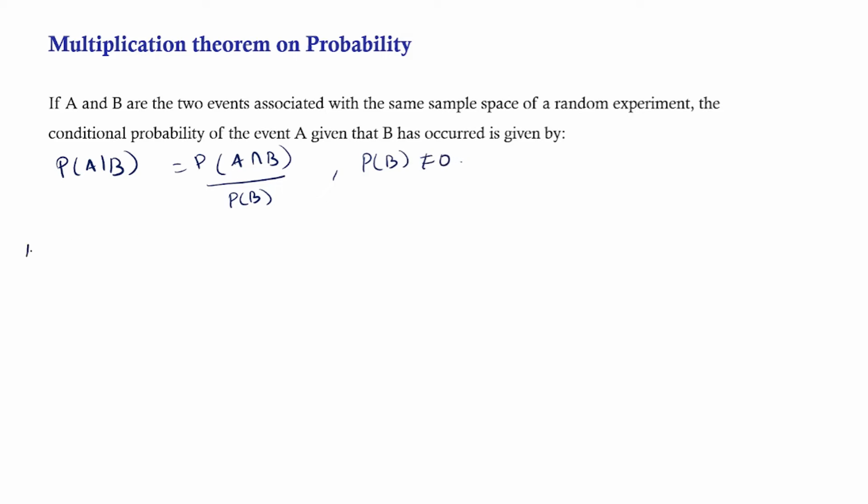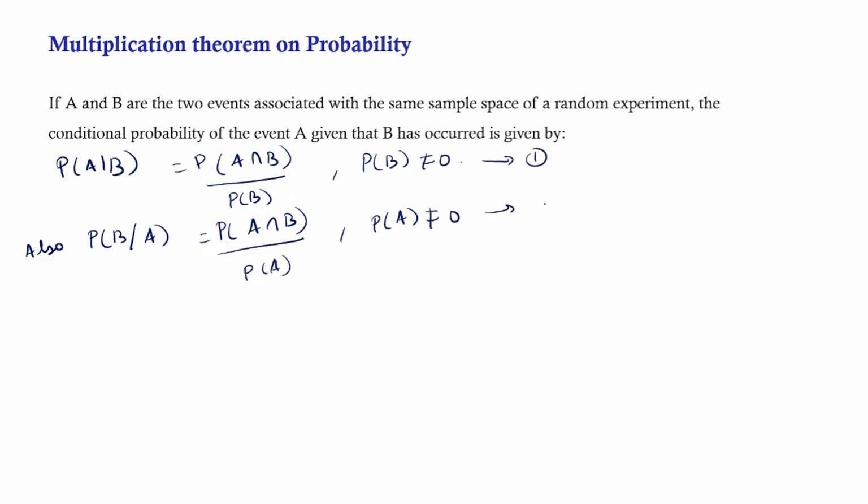Also we know that the conditional probability of B given A is given by probability of A intersection B upon probability of A, where probability of A is not equal to 0.